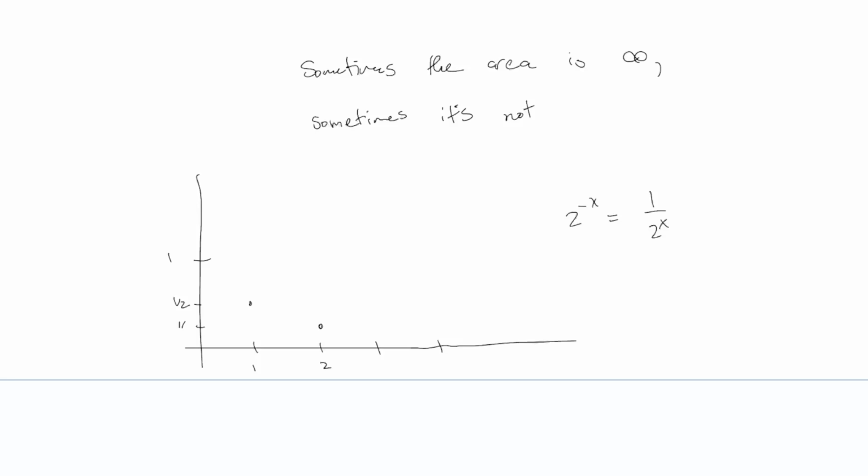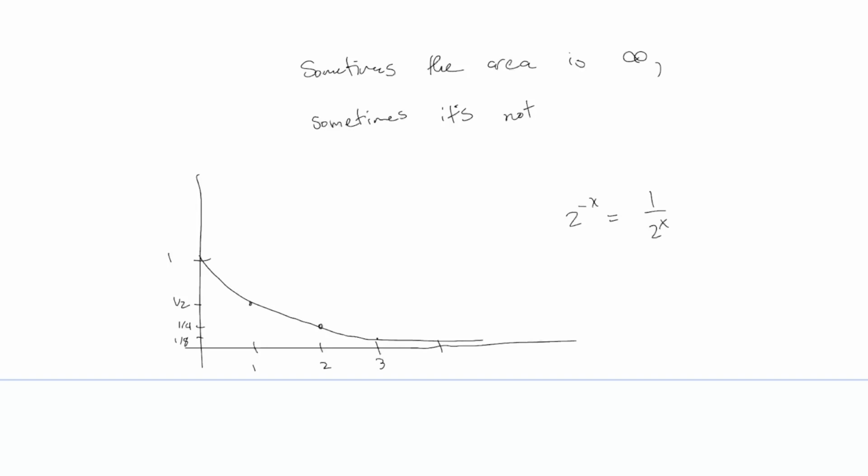At x equals 3, the value is 1 over 2 to the 3, which is an eighth, right? These values, of course, get very small very quickly. It's always 1 over some power of 2, all right?